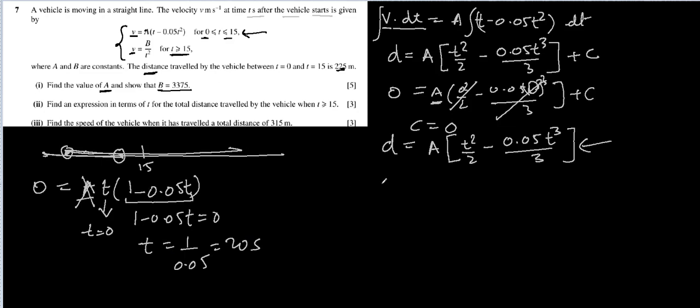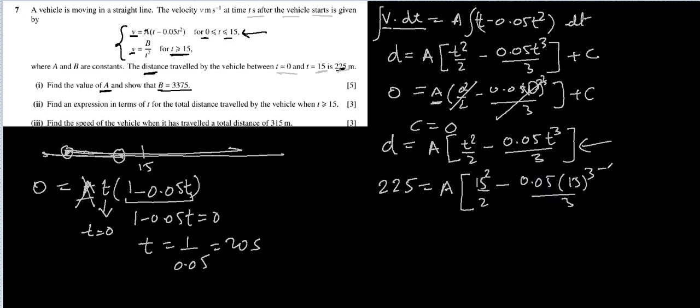So let's use it. 225 equal to A, unknown, but we know the time now, 15, right? At 15 seconds, it was 225 meters. So 225 equal to A times 15 square over 2 minus 0.05 times 15 cube over 3.